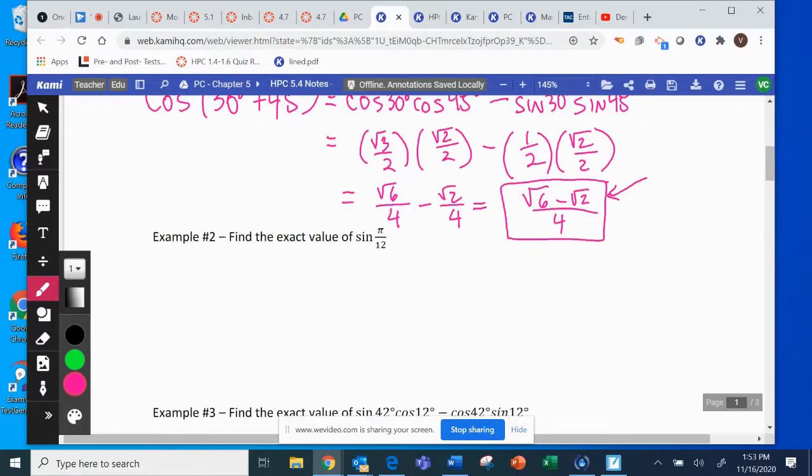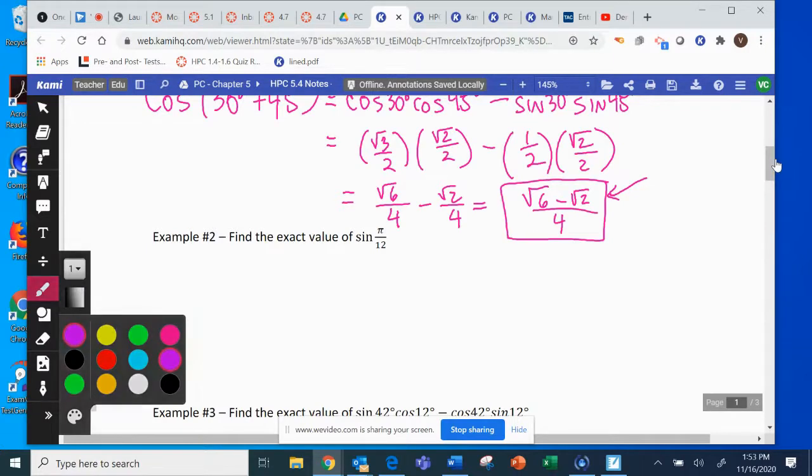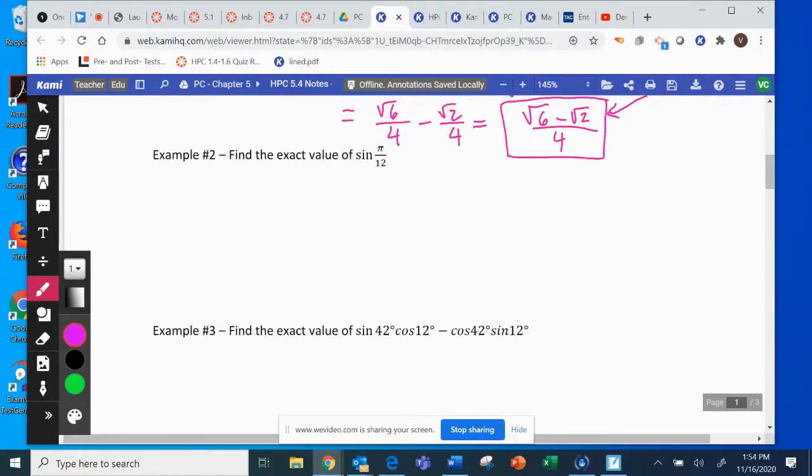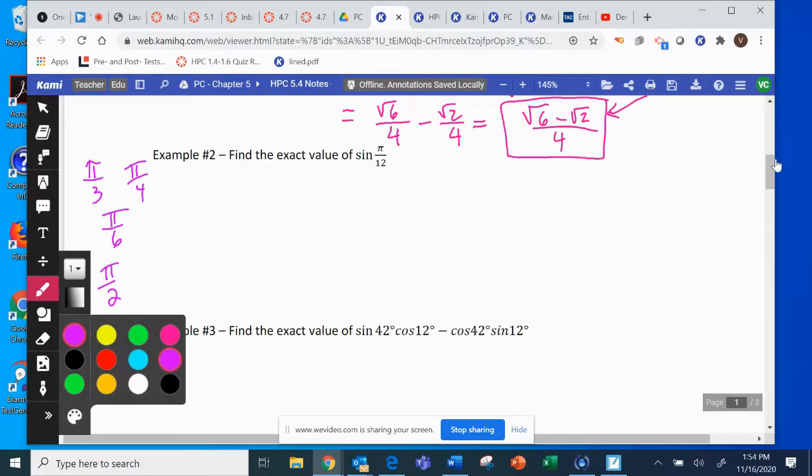Find the exact value for sine pi over 12. So sine pi over 12 is radians. So I'm going to think about radians that I know. I know pi over 3, pi over 4, pi over 6, pi over 2, and others.